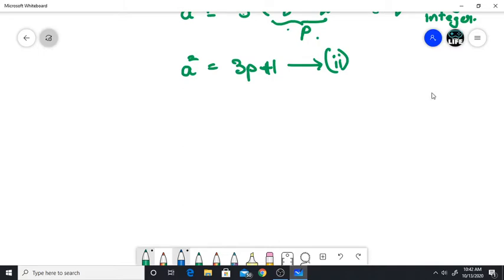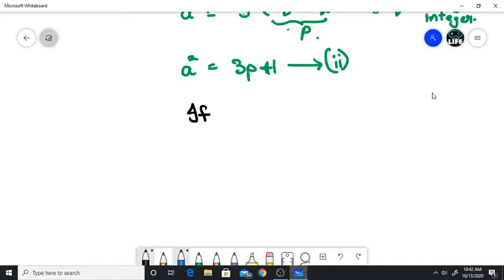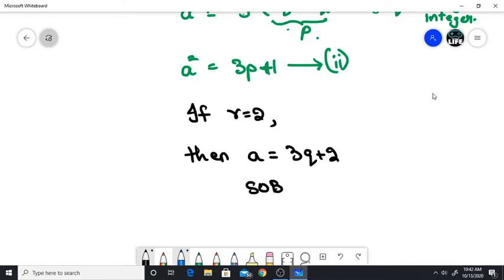Now let's check if r equals to 2. If r equals to 2, then a equals to 3q plus 2. Again squaring on both sides.